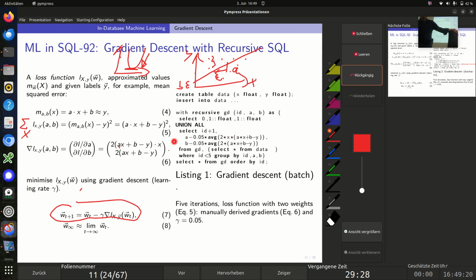The derivative is once derived with regard to A, and once with regard to B. And I do this step by step, and therefore I have a factor, the 0.05, which is actually called the learning rate. Okay, and then I have my new weights, and I can do this as many steps as I want. In this example, for example, 5 steps. And this would be gradient descent in SQL.